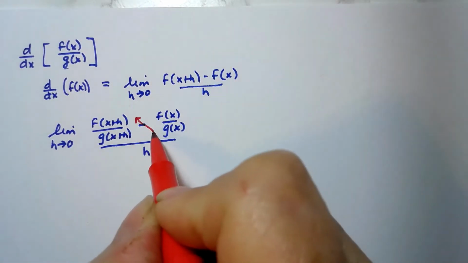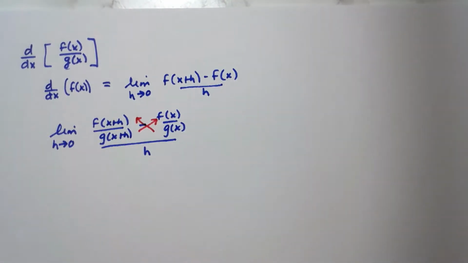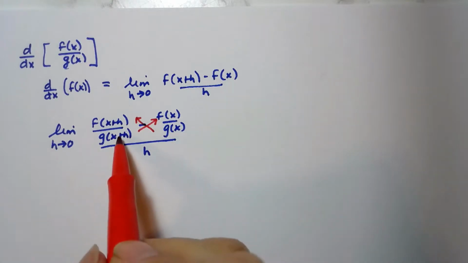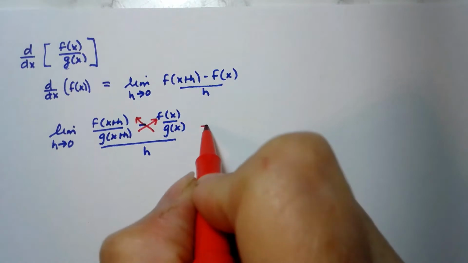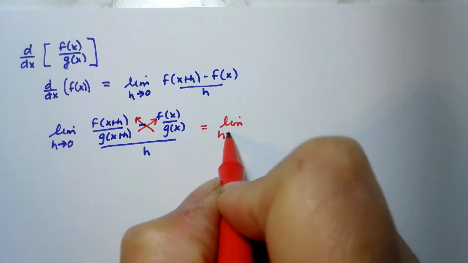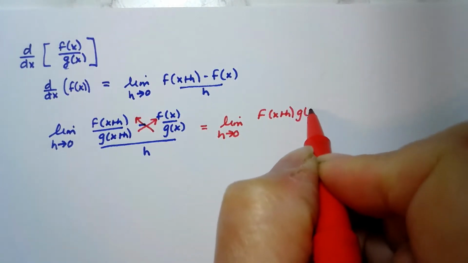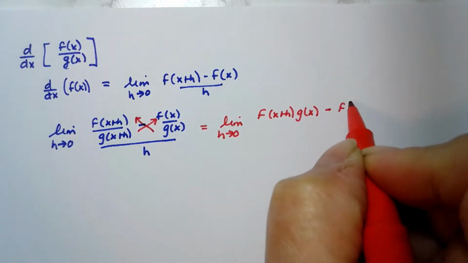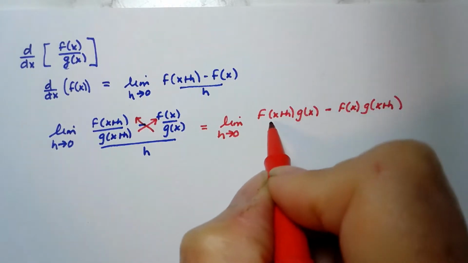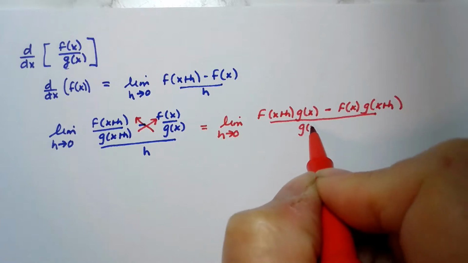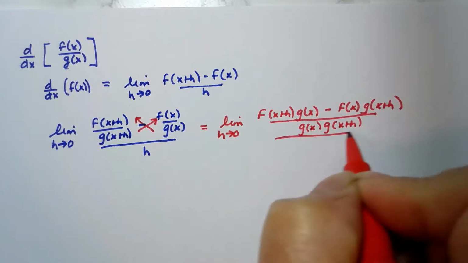So this, right, if I multiply those two and I cross multiply those two, that's going to give me the numerator components, and then I divide that result by the product of the denominators, which would be the common denominator. So this is going to be the limit as h approaches 0 of f of x plus h times g of x minus f of x times g of x plus h all over g of x times g of x plus h all over h.